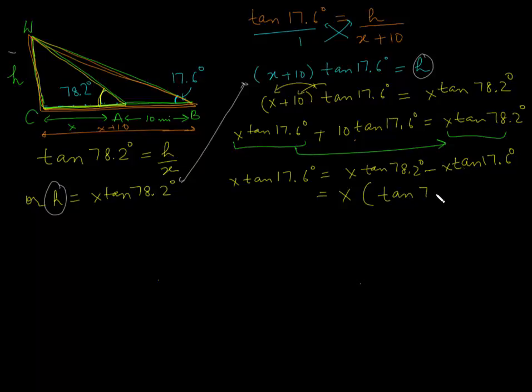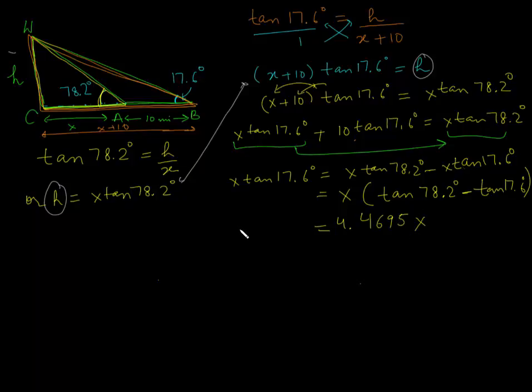It's kind of like collecting like terms, or just factoring the x out so we can do the subtraction. Now use your calculators to find the value of tan 78.2 minus tan 17.6. So I'm using mine, and I'll write the answer once I know what it is. So it's 4.4695.